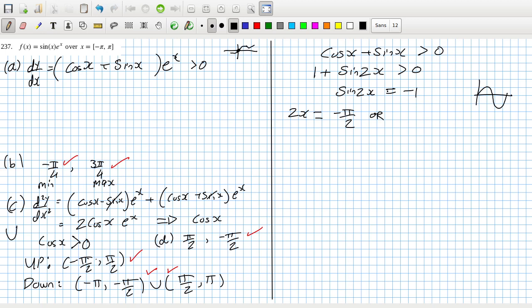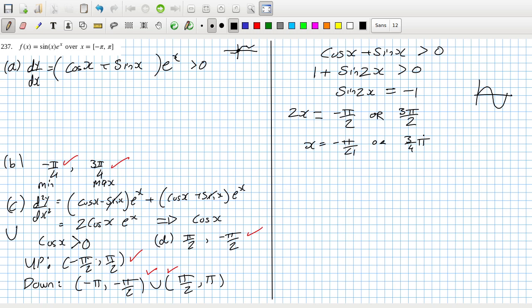So you could add 2 pi to that. You get 3 pi over 2. Dividing by 2, you get minus pi over 4, or 3 over 4 pi. Okay, so they're the points where it changes sign then.